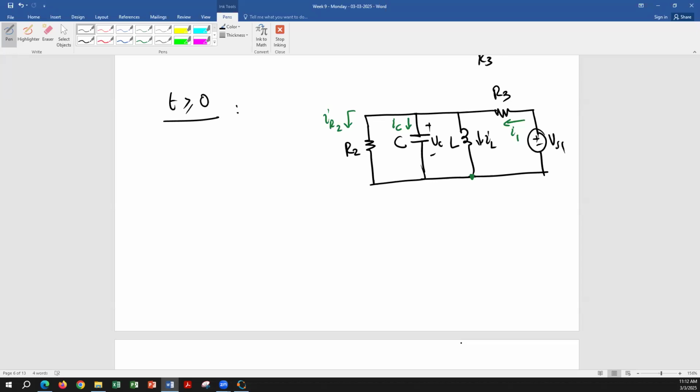They're in the circuit right there. Everything is in the circuit. VS1 is not across R2. What are you talking about?